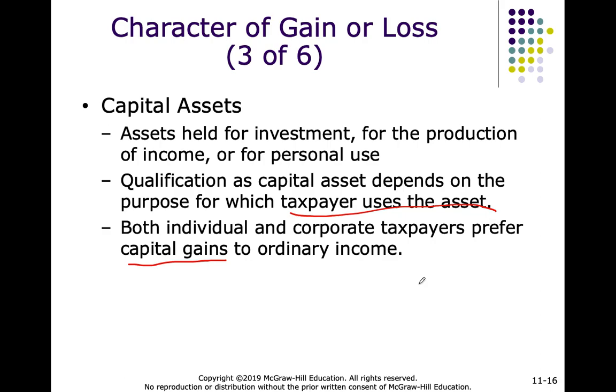So if I have capital assets with a gain of $50,000 and losses of $60,000, I will net these so I can wipe out all of my capital gain with my losses. I will still have a loss of $10,000 left. If I was an individual, out of that $10,000, I can only deduct $3,000 in the current year, and the remaining $7,000 will carry over to the following year.